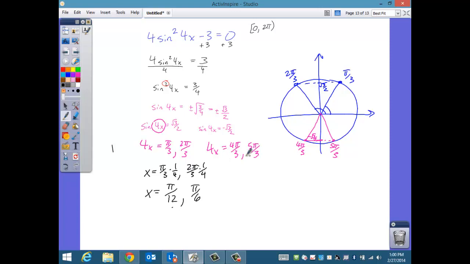Okay, so again, I'm going to divide by 4 by multiplying by 1/4, and I'd have 4 pi over 12, which is just pi over 3. So that was a solution after all. And here I would get 5 pi over 12. These, my friends, are basic solutions to the equation.